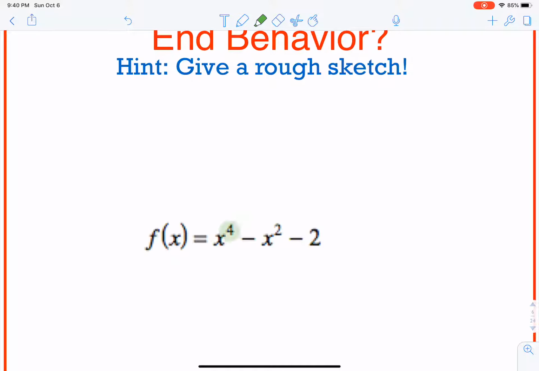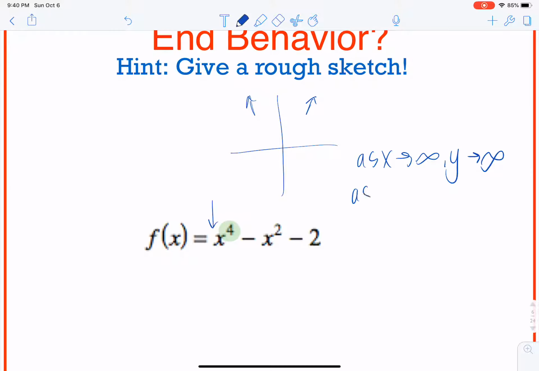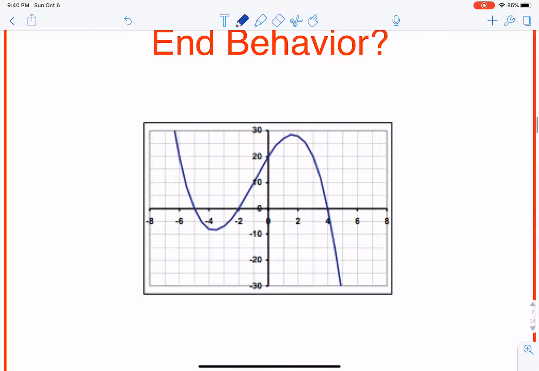Here, I have 4 as the degree of the polynomial, and I have a positive lead coefficient, positive 1 here. So I know that my end behavior will both be going up. So as x approaches infinity, y approaches infinity, and as x approaches negative infinity, y also approaches infinity.